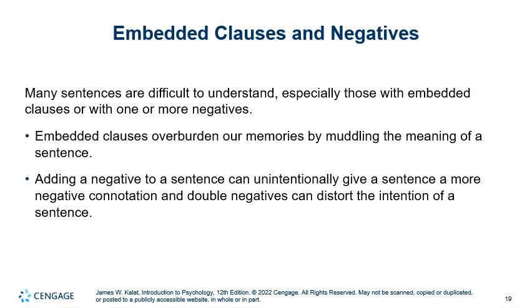All right, now let's talk about how we throw in clauses and negatives. A lot of our sentence structure can be difficult to understand because there are embedded clauses, or we might be speaking negatively. Embedded clauses are an overburden that throws a muck to our memories in trying to understand the meaning behind something.